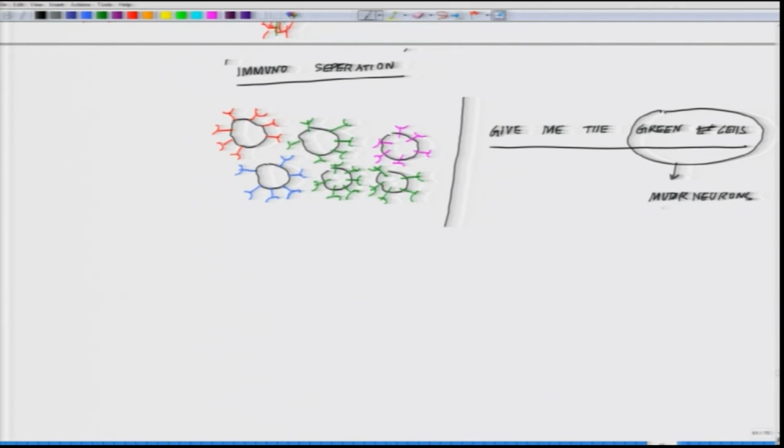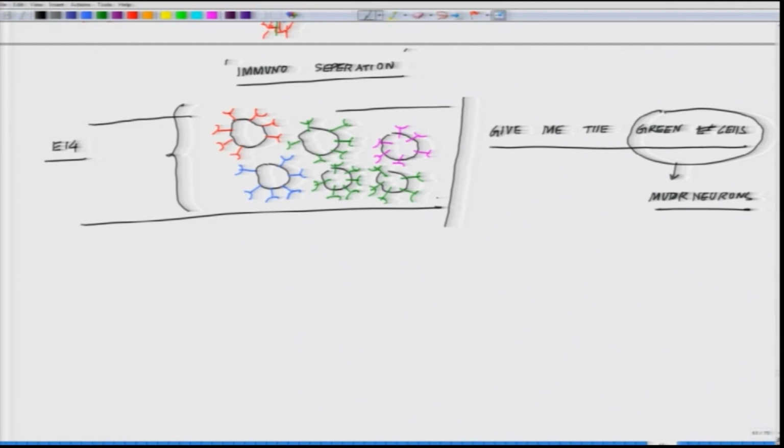And this process in the development may be a very unique phase. So, I know that say at E14 the motor neuron expresses this receptor, but by E16 or E17 there will again be a mix and match happening.